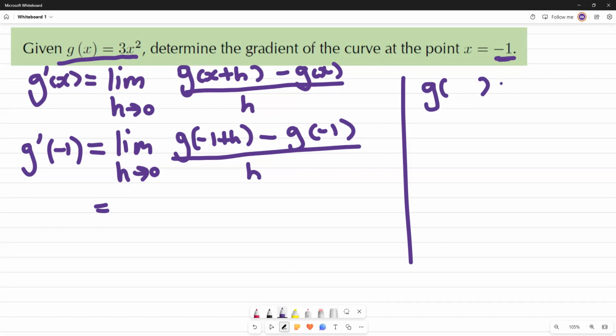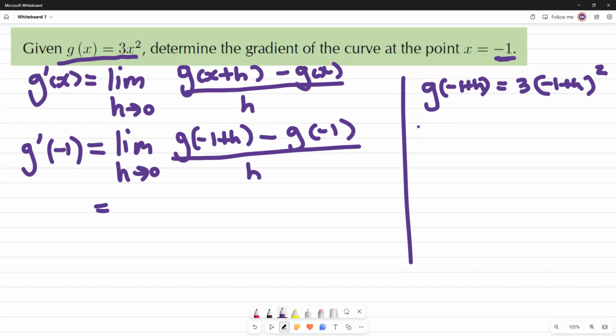And then there's an equal sign, there's 3, where there's x, I leave a space, then I have squared. I know that the x is now -1 plus h. So even here it's -1 plus h. The method is simple. You just rewrite your function, but where there's x, you leave spaces, and then you are going to put in this guy.